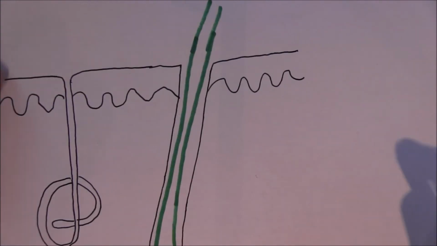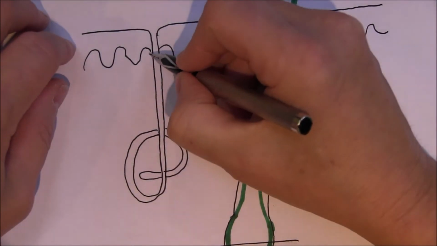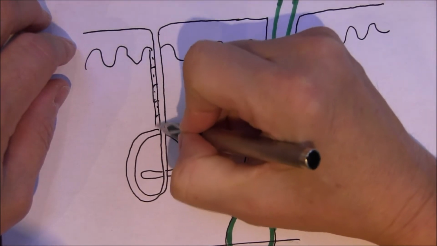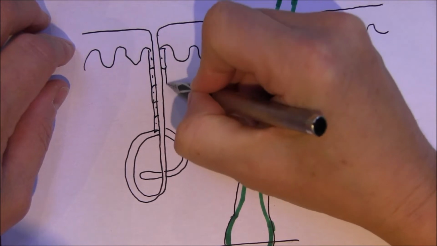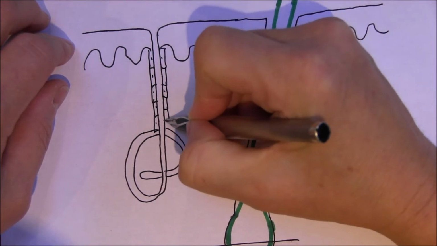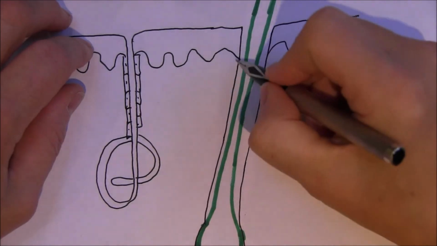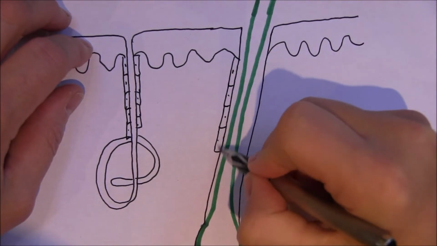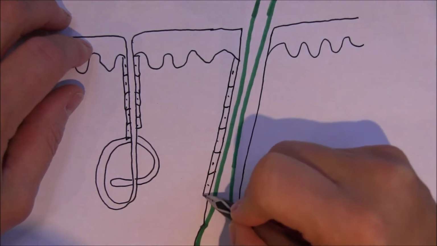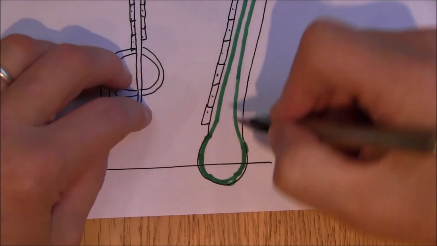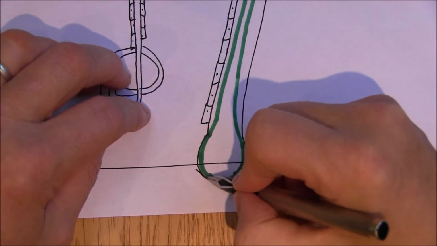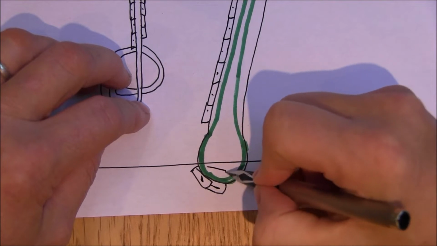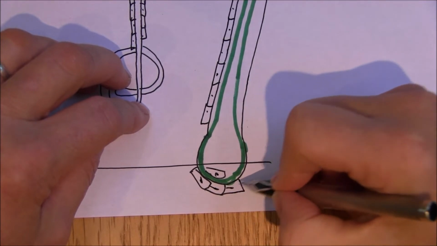But these keratinocytes actually go down and line the sweat glands. And the keratinocytes also line the hair follicles all the way down. In fact, there's keratinocytes right down at the bottom here because they divide and actually give rise to the hair, because hair is mostly keratin.